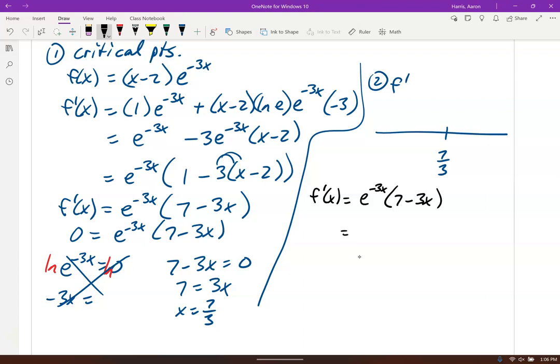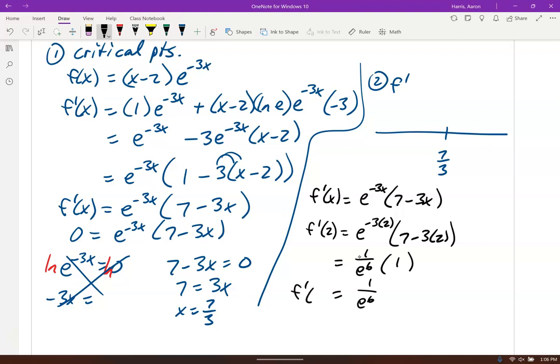So let's plug in, I don't know, how about 2? 7/3 is just to the left of 2, right? 6/3 is less than 7/3 there. So e to the negative 3 times 2 times 7 minus 3 times 2. That's 1 over e to the 6 times 7 minus 6, which is 1. Well, e to the 6 is positive, so this is 1 over e to the 6. So that's positive. That's all we care about, is it positive or negative. It's positive, so the original function is increasing up until 7/3.